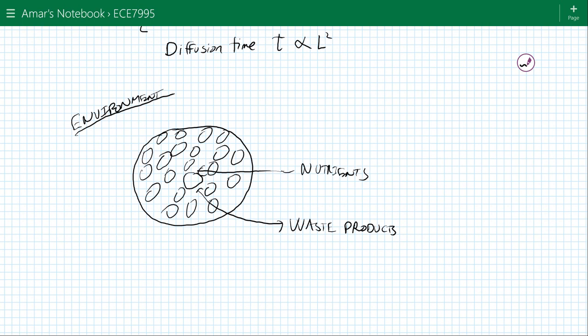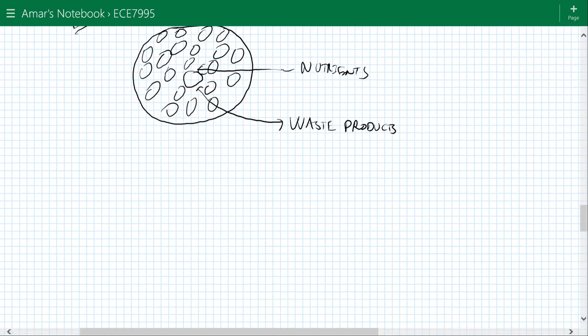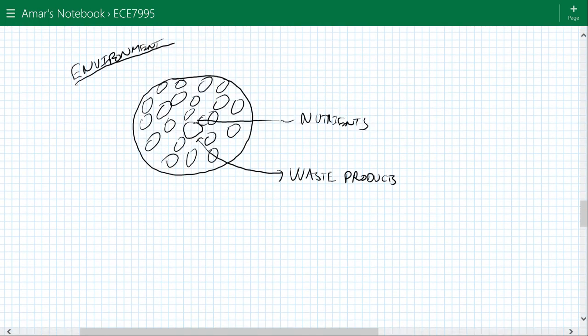What does your body use to distribute nutrients? Circulatory system? Yeah, exactly. Your blood vessels. So only small organisms can do this kind of thing, where they only rely on diffusion for nutrient distribution.